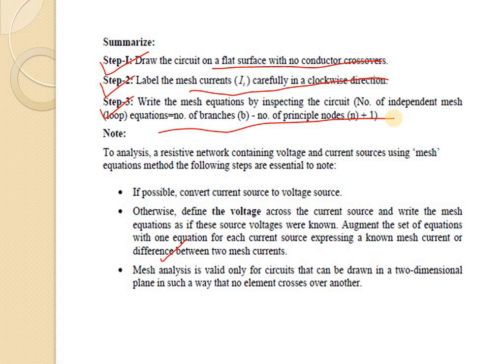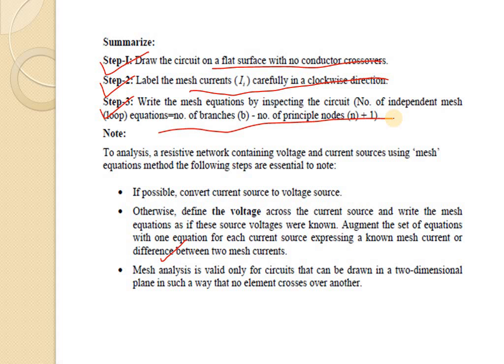Note that to analyze a resistive network containing voltage and current sources using the mesh equations method, the following steps are essential. First, if possible, convert the current source to a voltage source.